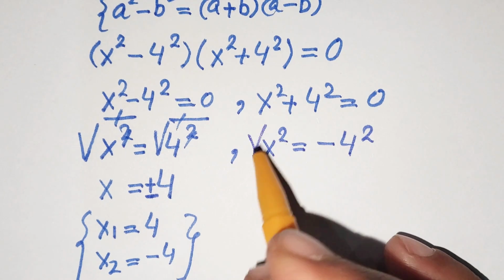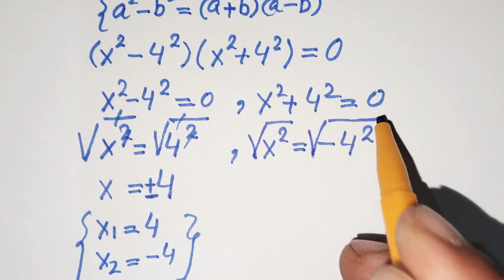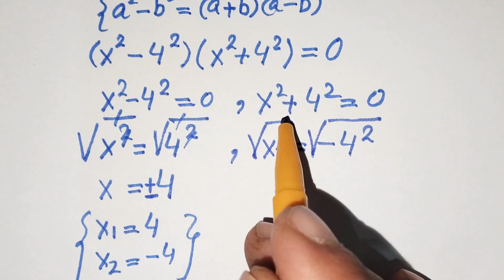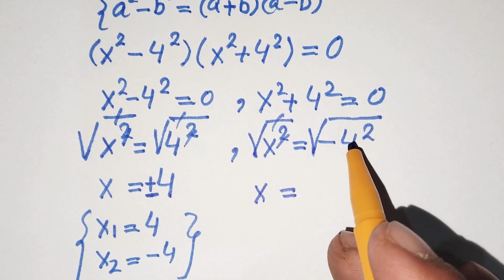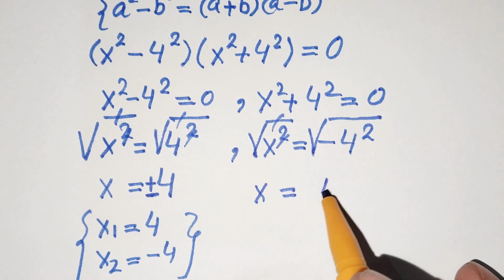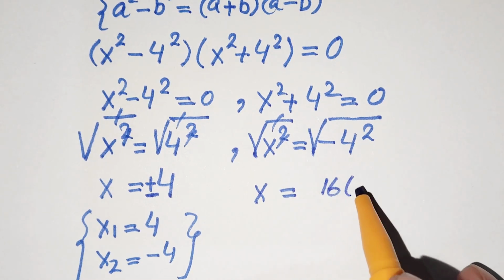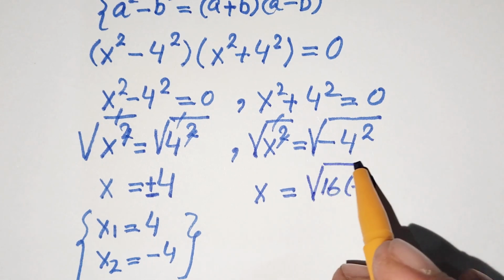Taking the square root on both sides, we get x is equal to the square root of minus 4 square. As we know, 4 square is 16, and here it is minus 1 under the square root.